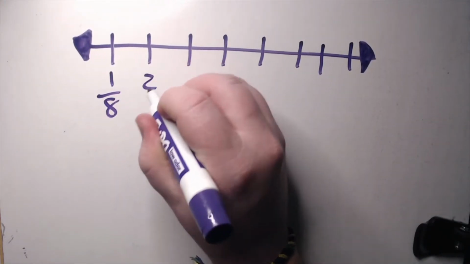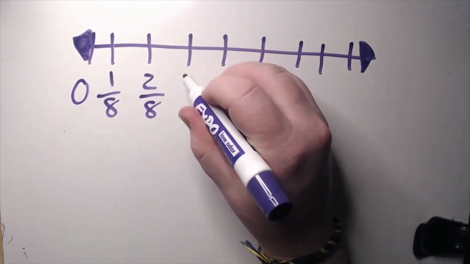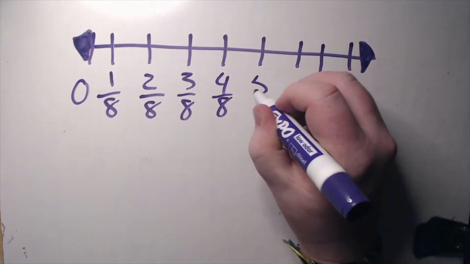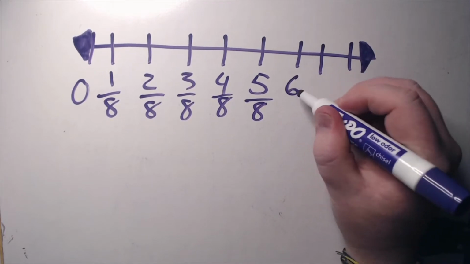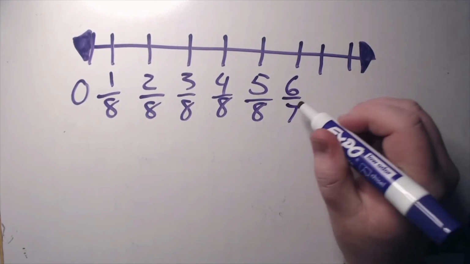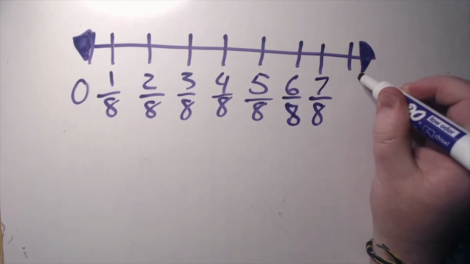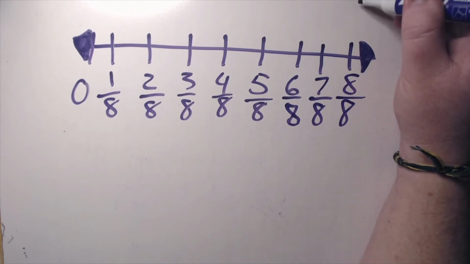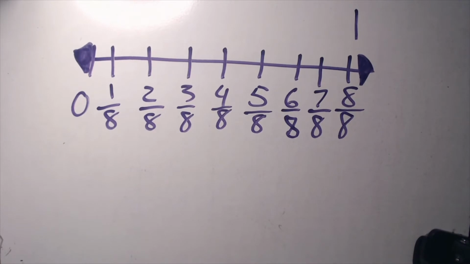Actually, let's put the 0 right here too. 1/8, 2/8, 3/8, 4/8, 5/8, 6/8, 7/8, and this is 8/8, which, again, we've said it before, I'll say it again though, 8/8 is also equal to 1. So that's why that goes right there.